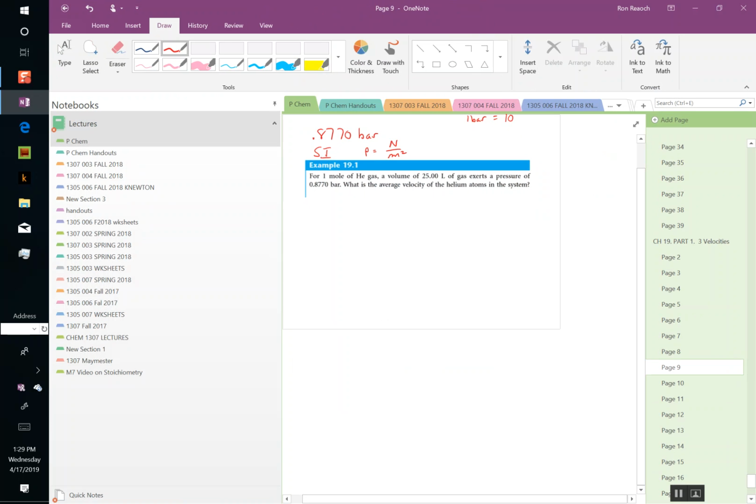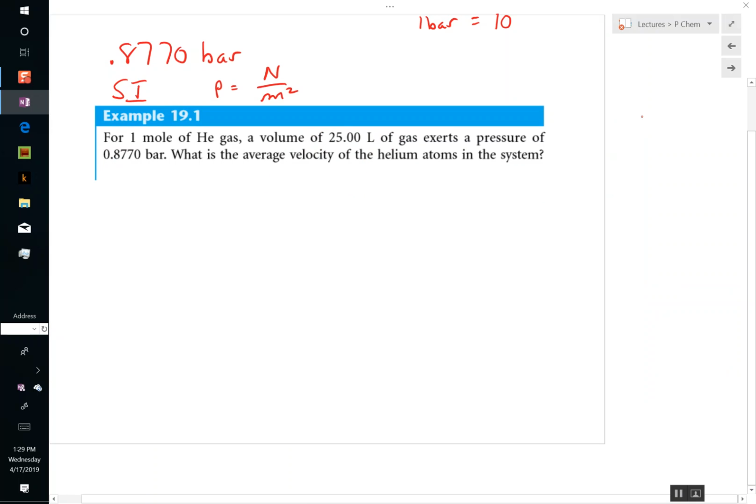Why is it doing this? Okay, 1 bar equals 10 to the 5th pascals, and 1 pascal equals 1 newton per meter squared.